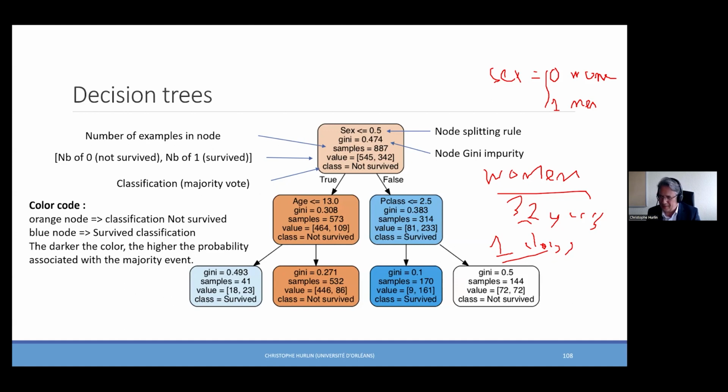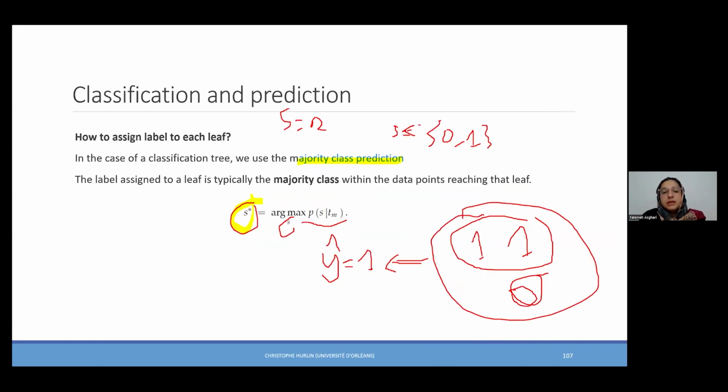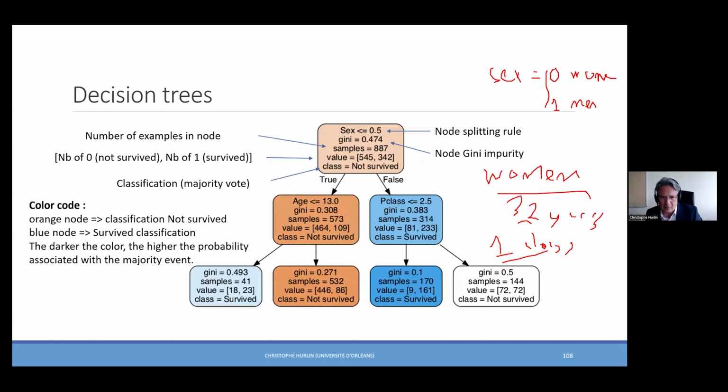Yes, Fatme? I think first she's a woman, so we go to the next node, which is true, and then she's 32 years, so she will not survive. Sorry, I made an error. So Fatme said that, okay, she's a woman, so on this node this is true.